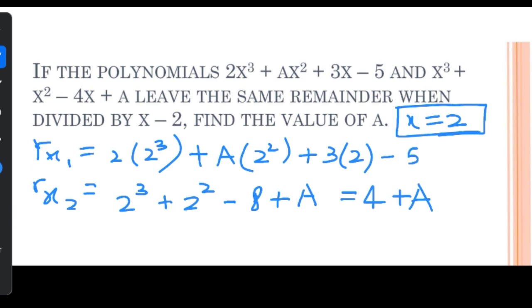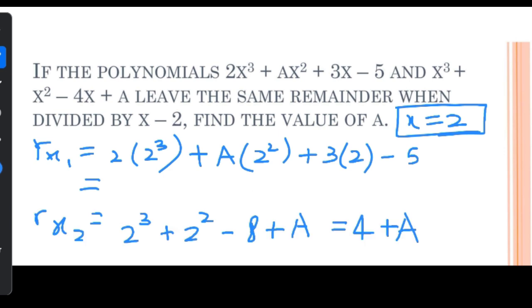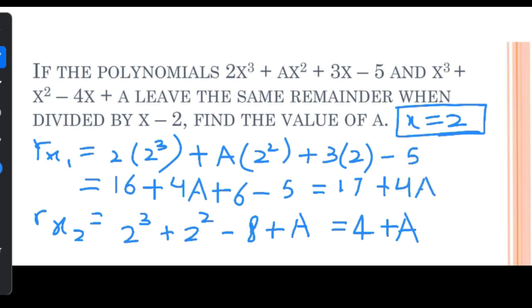and remainder of x1 का वैल्यू क्या है, 2 into 8 16 plus 4a plus 6 minus 5, 22 minus 5 is 17, so 17 plus 4a.